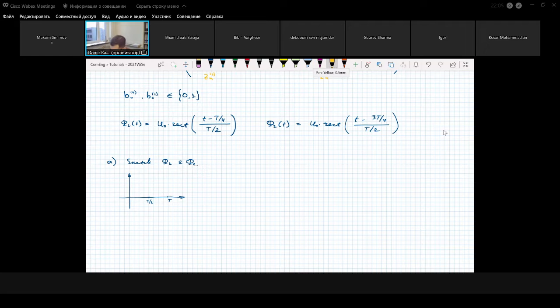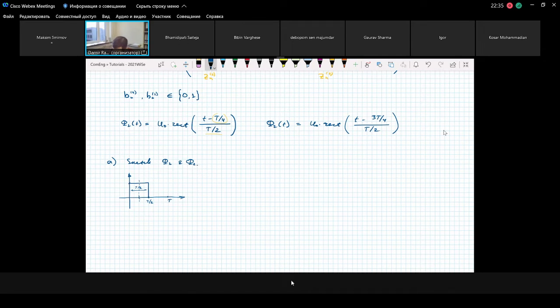The first pulse shape function is shifted by T over 4, so it will be the middle of the rectangular pulse, and the width of the whole pulse will be T over 2. So the middle will be at T over 4, and the duration will be T over 2. So we can place the pulse. Maybe I make it a little bit smaller.